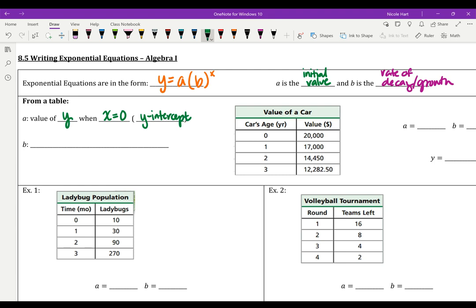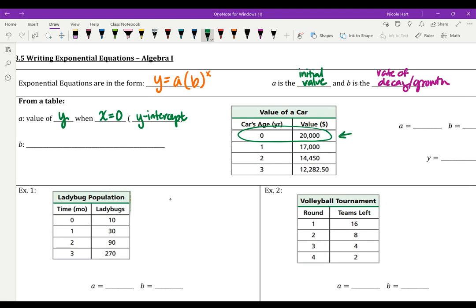If we look at the table to the right of us, we can see that here where x is equal to 0, our y-intercept is 20,000, and that is the value of a.